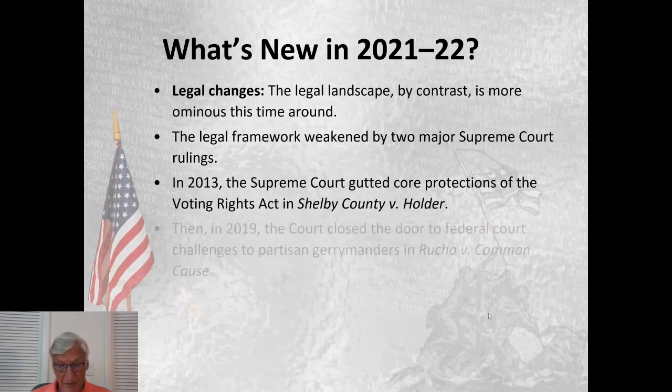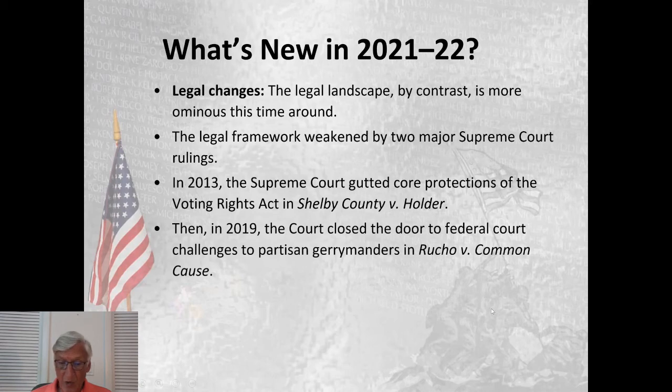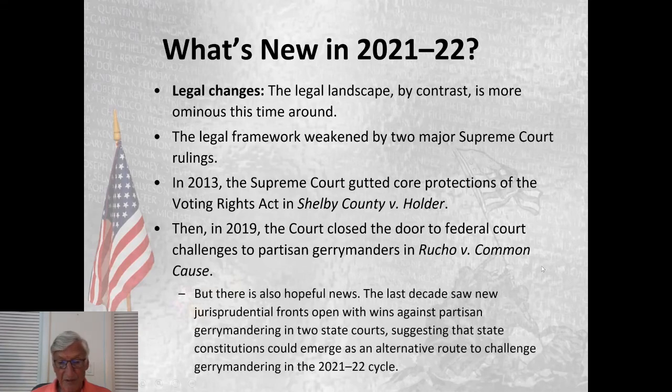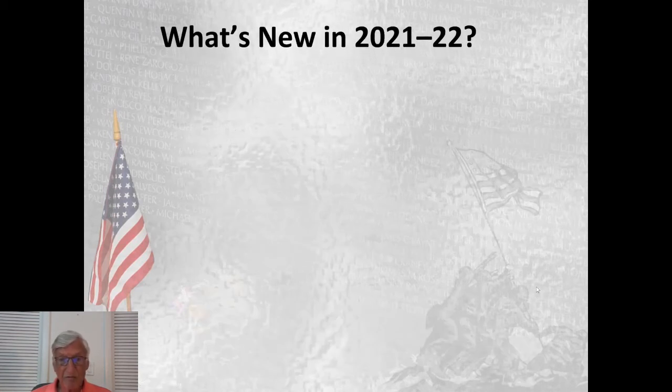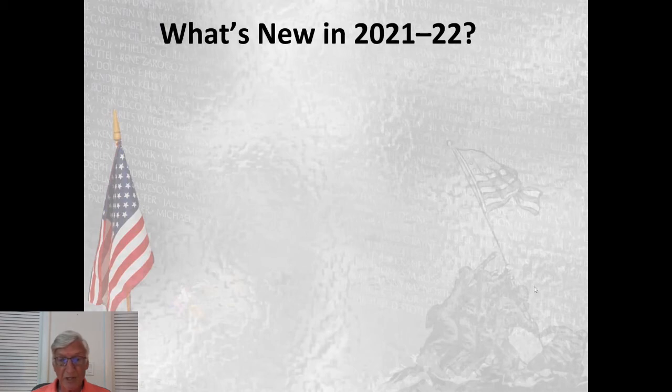Holder. Then in 2019, the court closed the door to federal court challenges to partisan gerrymanders in Rucho v. Common Cause. But there is some hopeful news. State courts are doing more to intervene than they were in the past. And so it's a little bit of hope there.